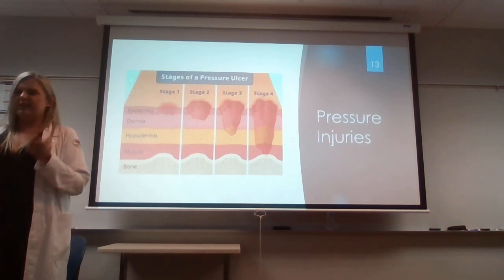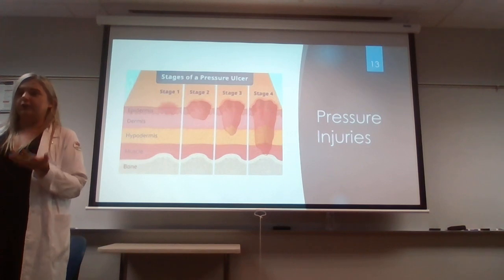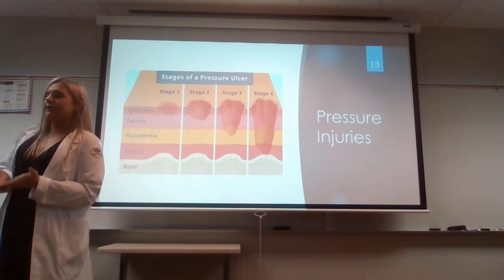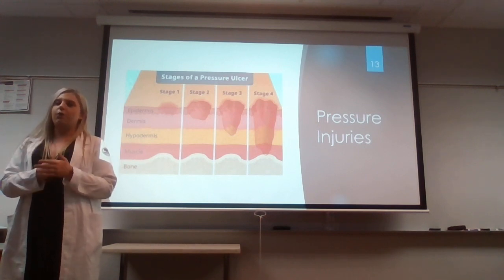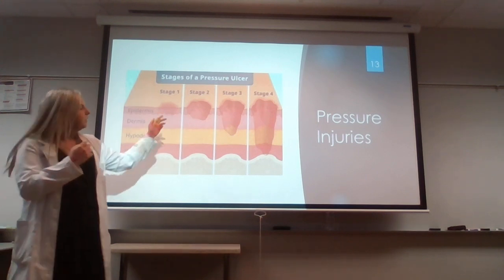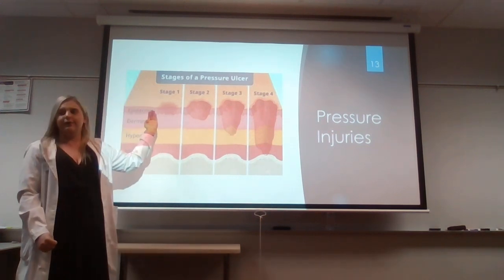Stage two and stage three are kind of hard to differentiate when you're looking. But when you're looking at pressure wounds, the one thing you have to know is you can always go this way, but when you're staging a wound, it cannot go this way.